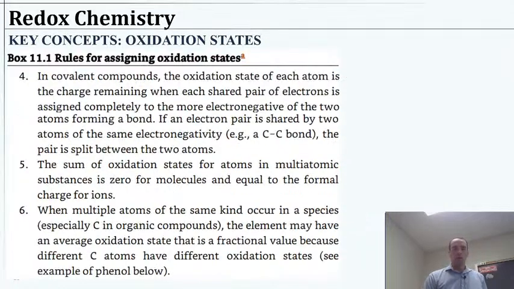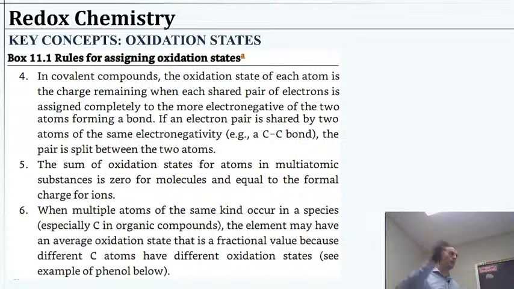Okay, moving on. The next rule is in covalent compounds, the oxidation state of each atom is the charge remaining when each paired electron is assigned completely to the more electronegative atom.